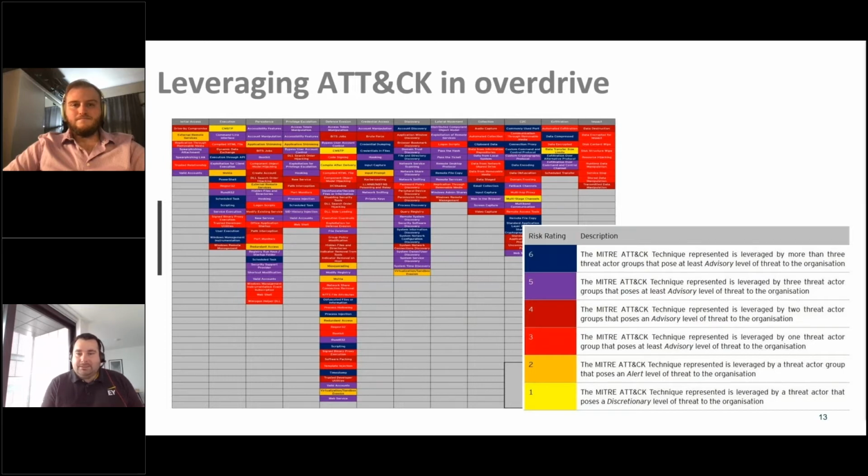And this is a really good view, in my experience, to focus internal technical teams, how you can work with your SOC team or your cyber defense team or your endpoint security teams to focus their attention on specific techniques in the MITRE ATT&CK matrix.